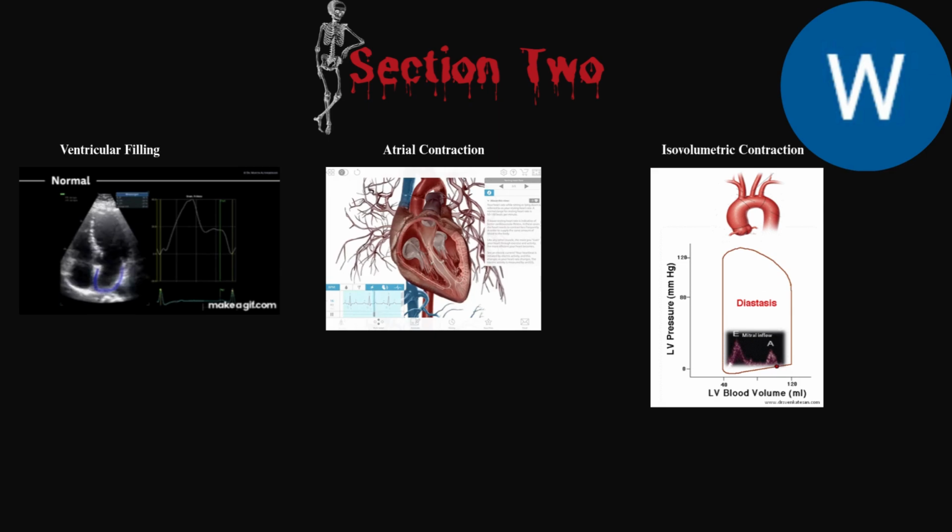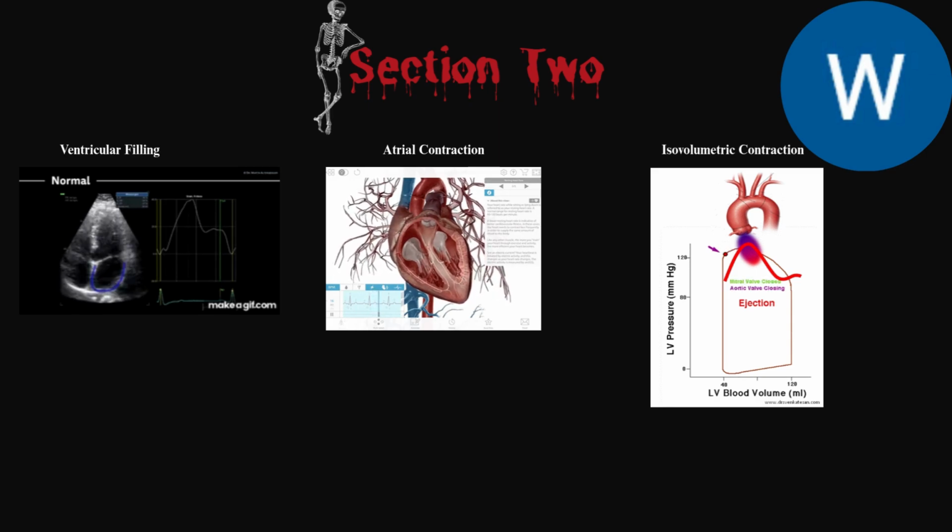I don't know if you could clearly see it, but I can always attach this photo to the description box so that you'll be able to see it clearly. So yes, the P wave on the EKG or the ECG would show contraction, but there are still no heart sounds as of yet.